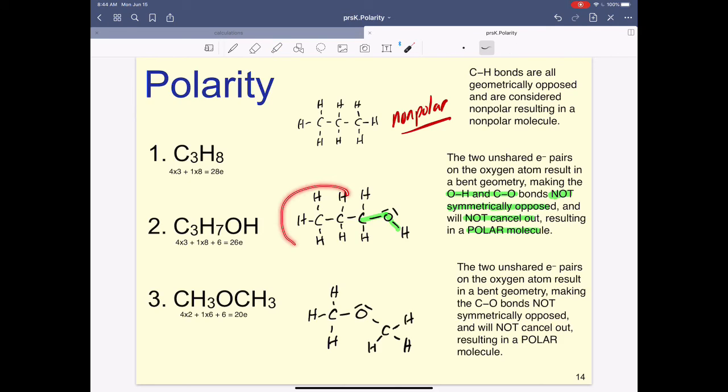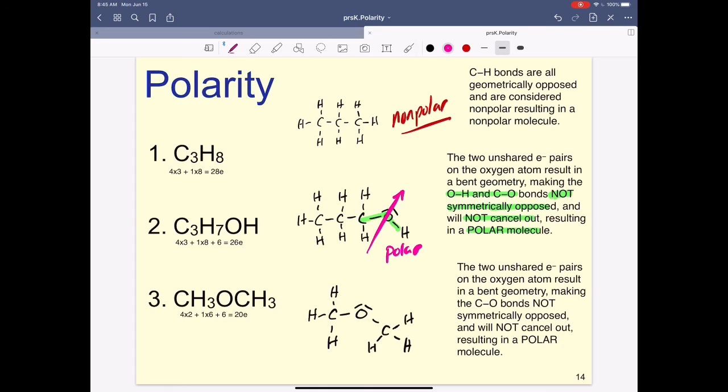Of course, this end of the molecule is essentially nonpolar, but this end of the molecule is absolutely polar. And if we were to draw our polarity arrow, we would certainly end up with this.